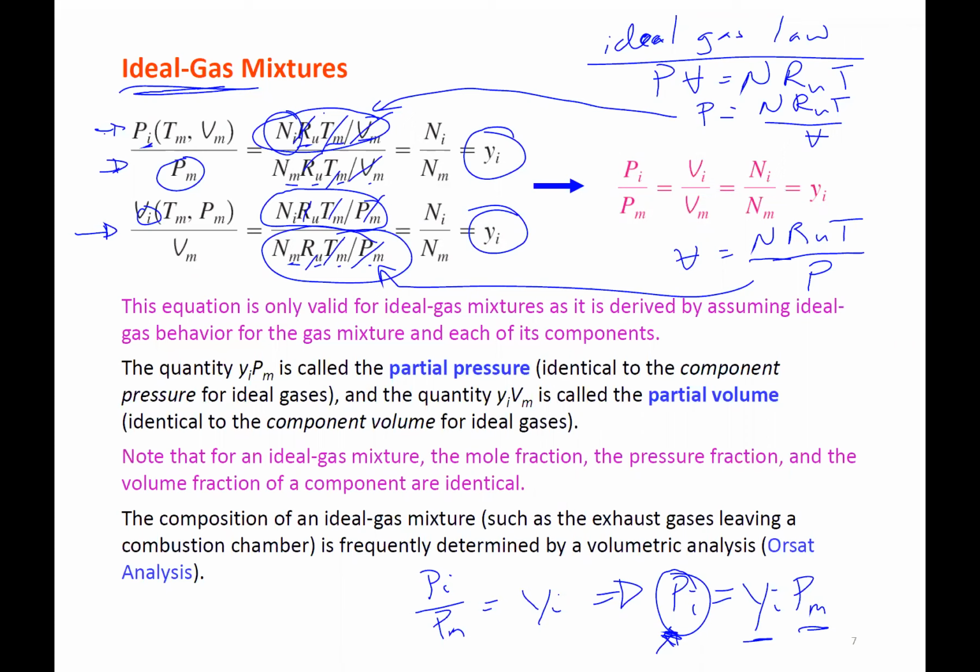It's non-ideal, which we won't really get into; we're assuming ideal. But the volume fraction, the mole fraction and the pressure fraction might not be identical, because we use the ideal gas law to make them identical, right?